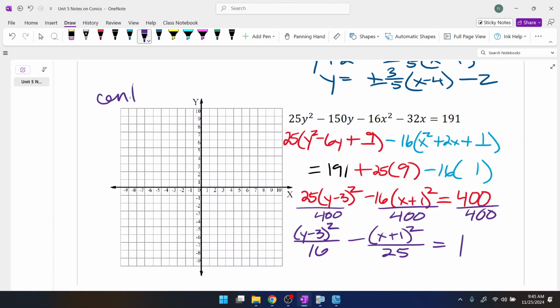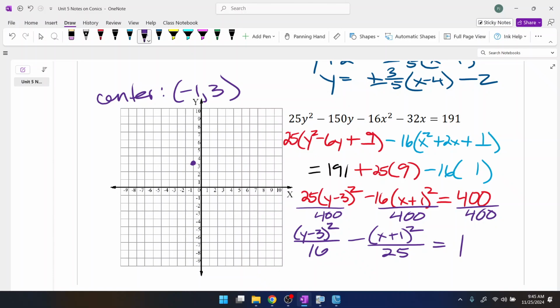So for this one, the center will be at negative 1, 3. Even though this y comes first, the center has to be from an xy standpoint, so it has to work that way.